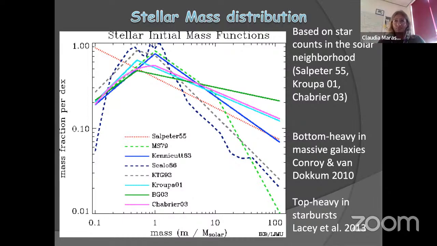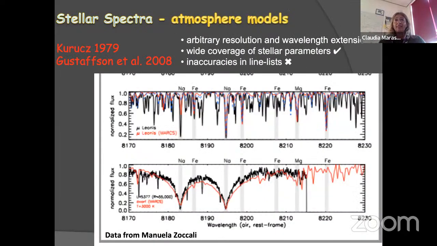But let's go to the stellar spectra, which are actually the critical ingredient for comparing with observation, for deriving redshift, for deriving chemical composition. There are obviously two possibilities, and modelers like myself have explored both.